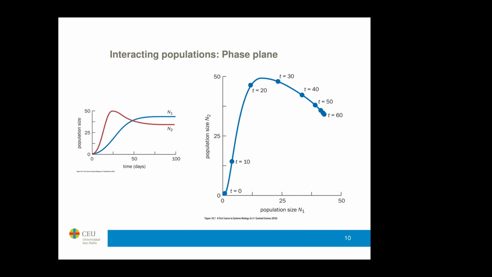And then at time equals 10, that is somewhere here, you have N1 that is small and N2 that is larger. And then you keep on plotting, and at the end you show how it evolves over time. So you start here and you evolve to that point, and from that point on you don't evolve anymore. So that is a stable point in your phase space.